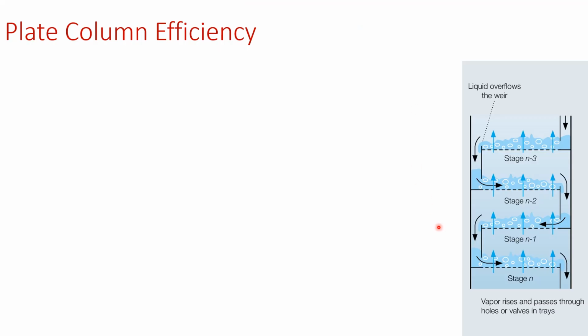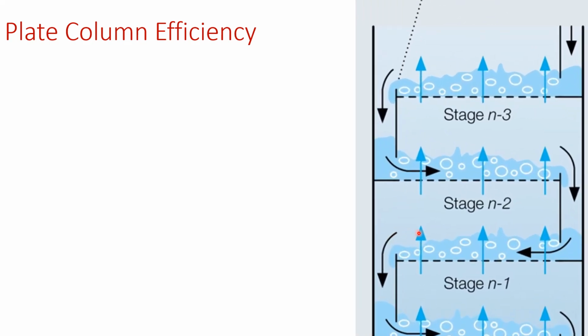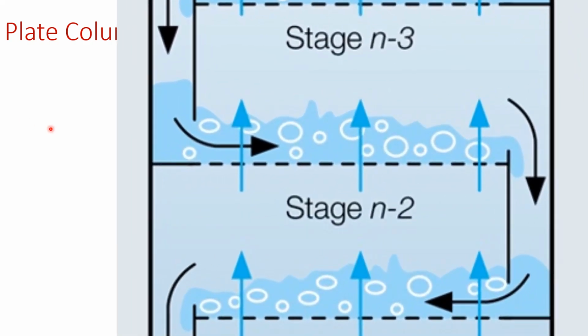So if we would like to use the correlations, we have a simple diagram of different trays, and if we take a closer look at one of these trays, the efficiency of each tray depends on how close we are to equilibrium, as we said. And how close to equilibrium we can get depends on how good the mixing is between the gas stream and the liquid stream, and for how long this contact takes place.